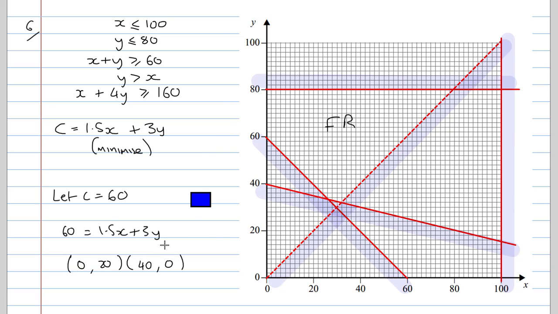I'm going to draw the objective line in blue so it stands out. It needs to go from (0, 20) and through (40, 0). One extra thing you can do to make this objective line stand out is turn the ends into arrows, and you definitely must label it OL, standing for objective line.